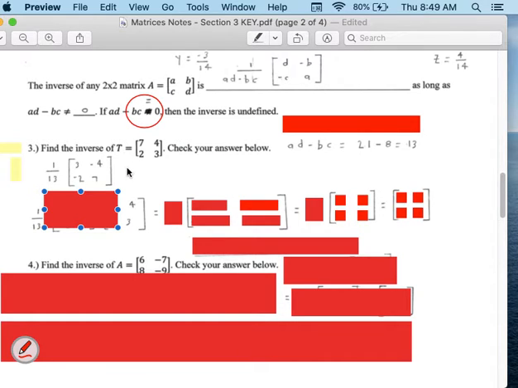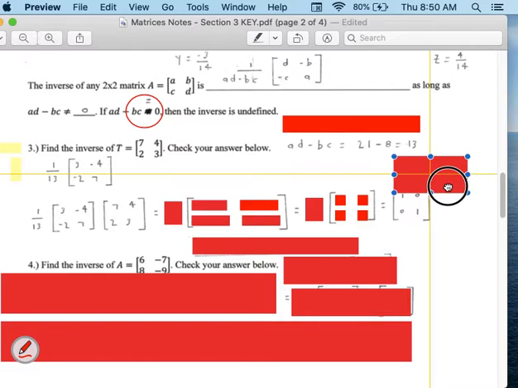I do not need you to write this down. I just want to show you, okay? If I multiply this times this, I'm going to get back to the identity 1, 0, 0, 1. Okay? So what would happen, we did that scalar multiplication, right?